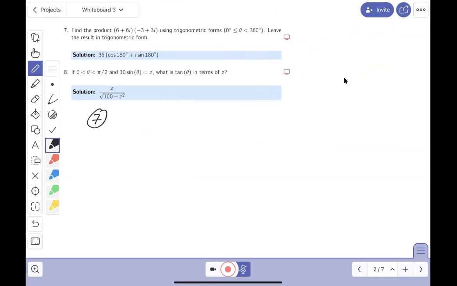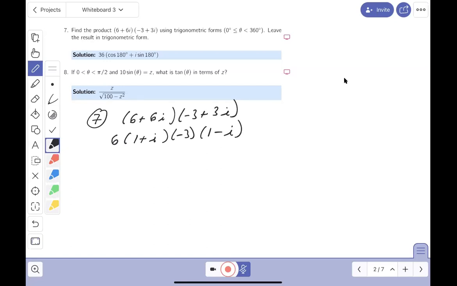Find the product. I'll write this over here. 6 plus 6i times -3 plus 3i. Now, the way I do arithmetic, the way you do arithmetic might look different, but this is 6 times (1 plus i), and this would be -3 times (1 minus i).